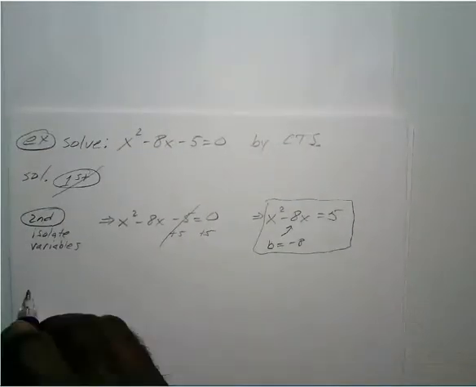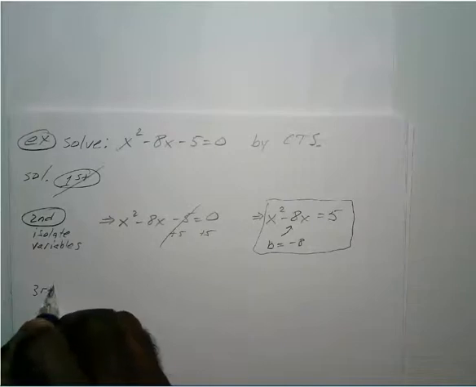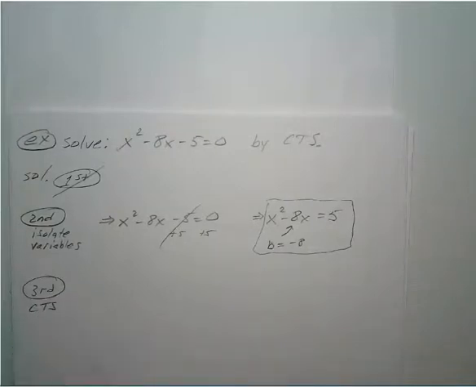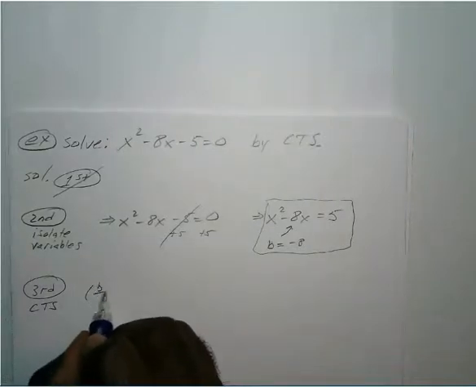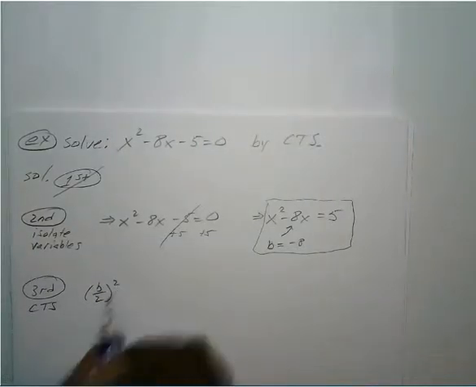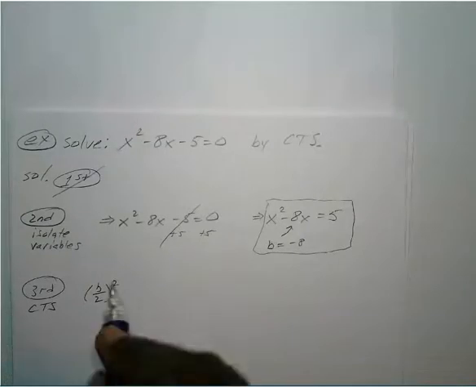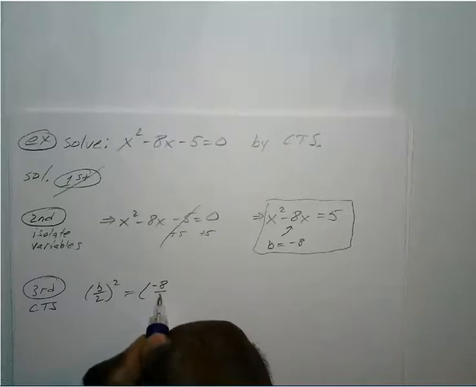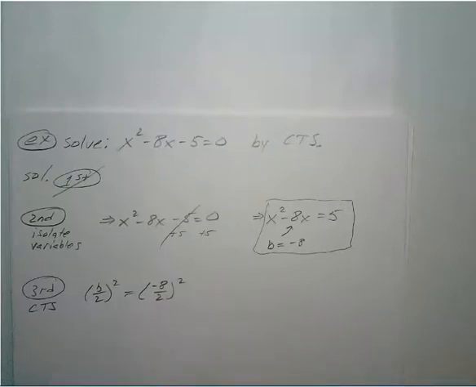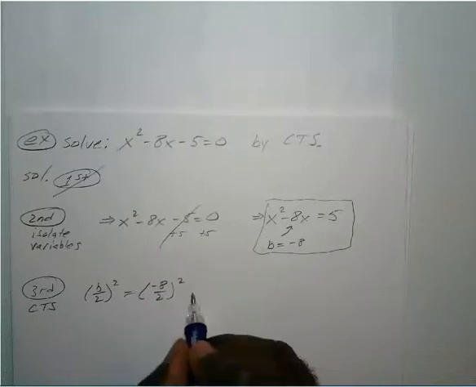Now your third step is where we complete the square. We have b divided by 2 squared. b is equal to negative 8, so this is negative 8 divided by 2 squared. Negative 8 divided by 2 is negative 4.